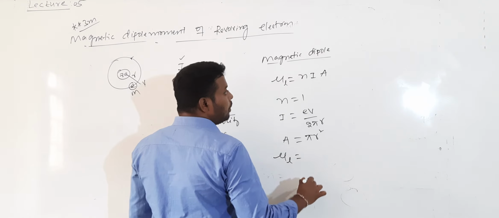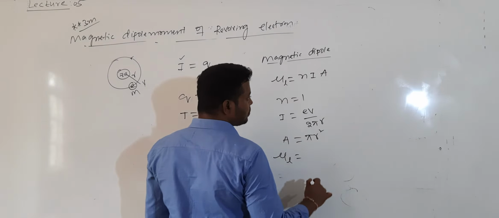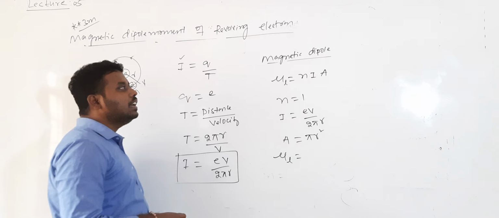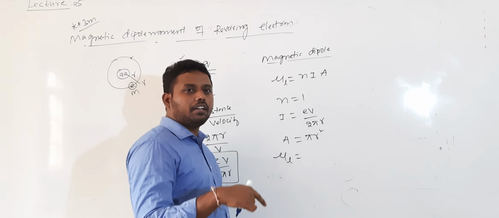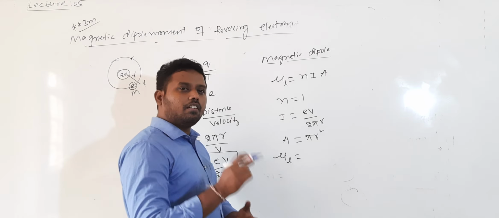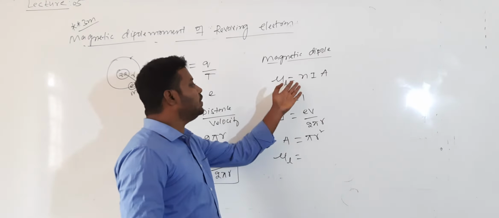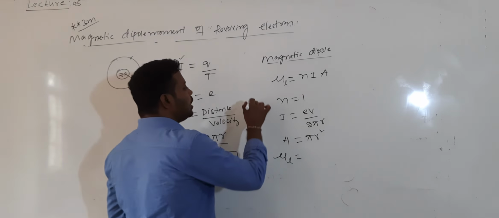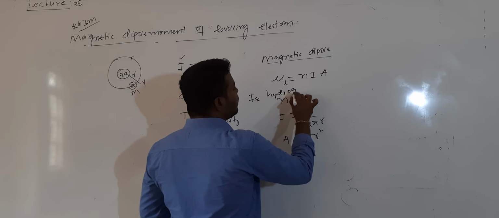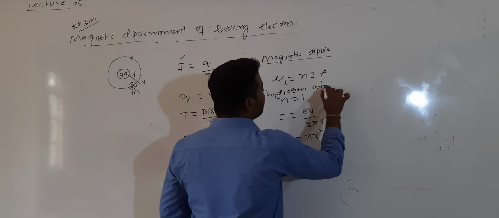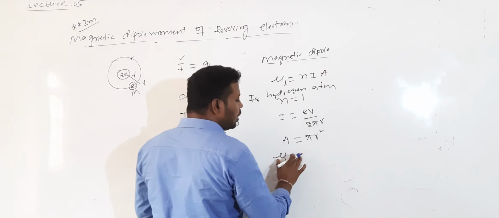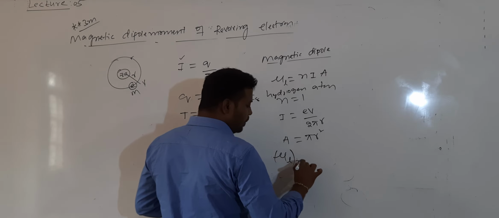Mu L, when I consider N equal to 1, means the electron is in the first orbit. Consider a hydrogen atom: only one electron will be there, in the first orbit. For the hydrogen atom, N is equal to 1, so mu L will become minimum.